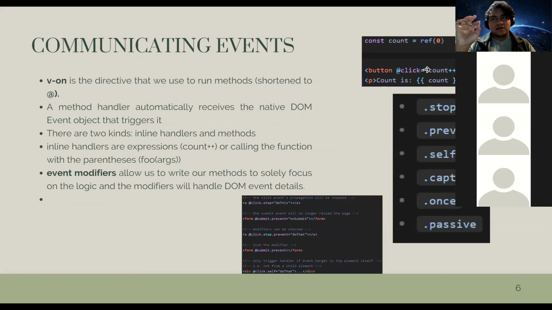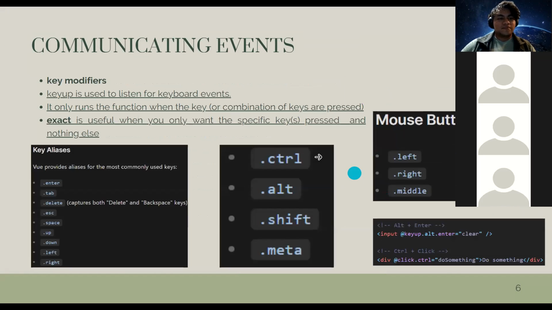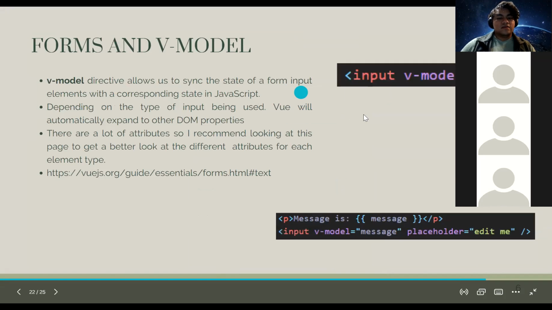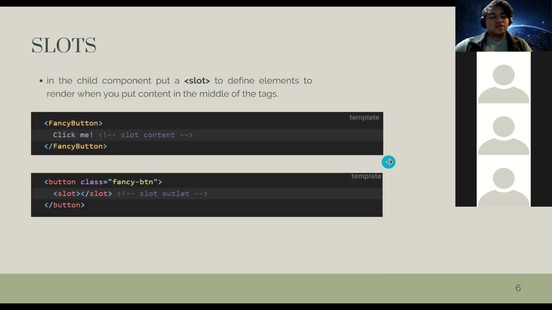You can just define a function and you're able to use that function inside of the HTML. And if you want to do specific things, you can look at this. The v-model, we went over that. Slots is a very cool thing. It's basically what is in between the two HTML tags. This is how you would do it.